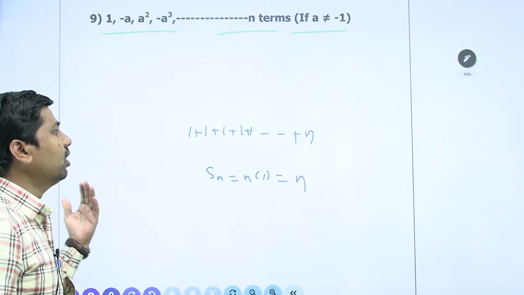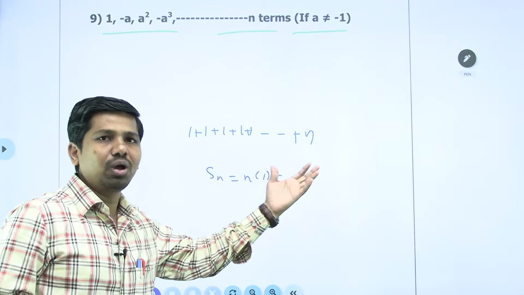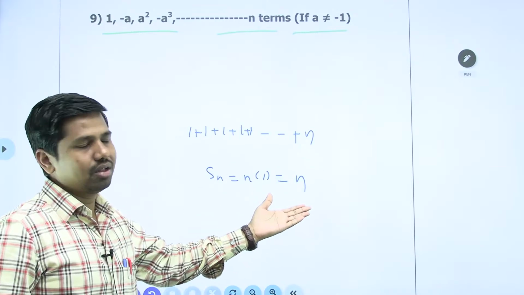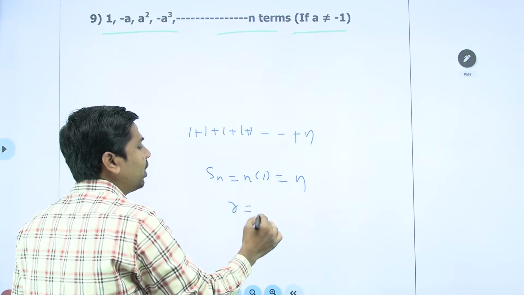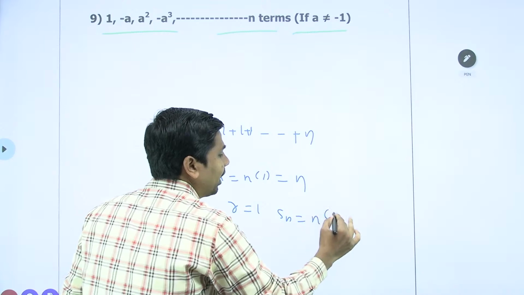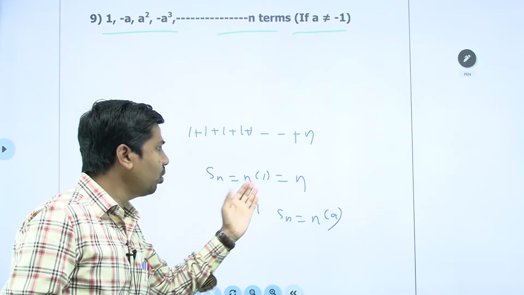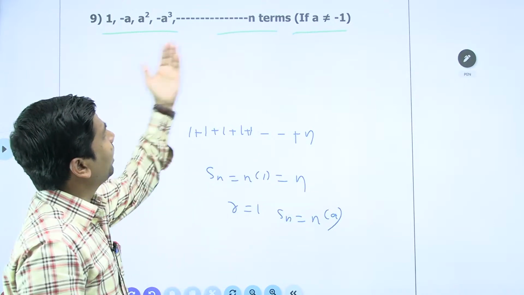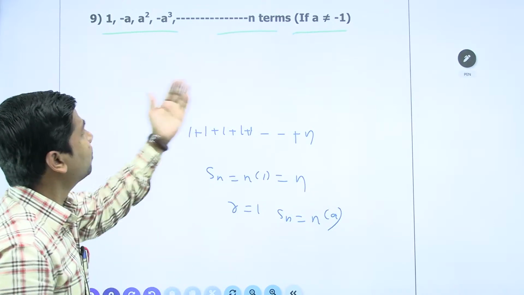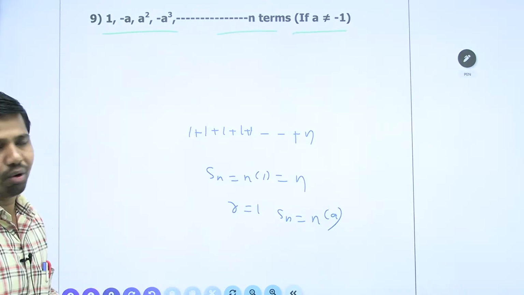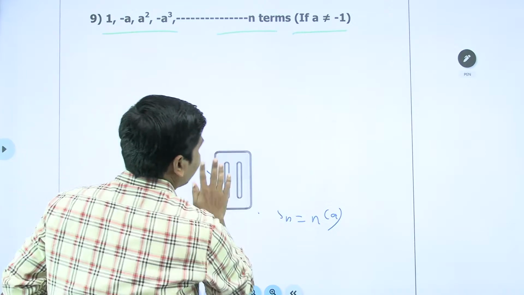So the sum of all the terms where the terms are equal to 1 is Sn equal to n. That is, if the common ratio r is 1, Sn is equal to n into a. If you add 1 n times, it is n into 1, that is n. So that's why a is not equal to minus 1. You have to find the sum of n terms for this given geometric progression. Okay, let us find that.